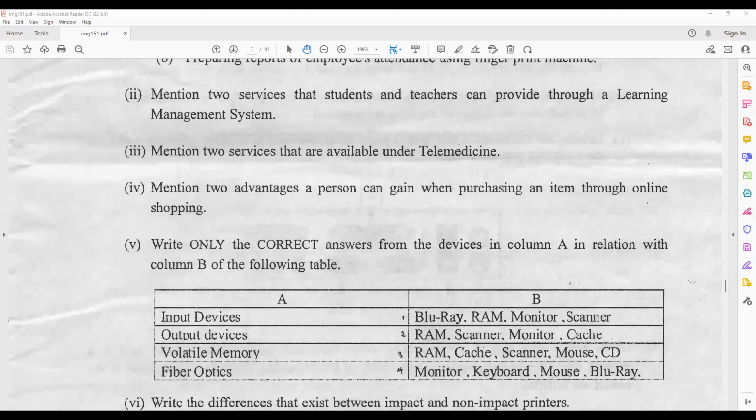Right. The first question, number 4, is about 2 advantages a person can gain when purchasing an item through online shopping. So we have traditional shopping and we have online shopping. So what are the advantages? I think it's an easy question, right?